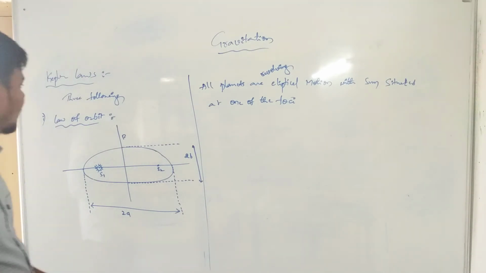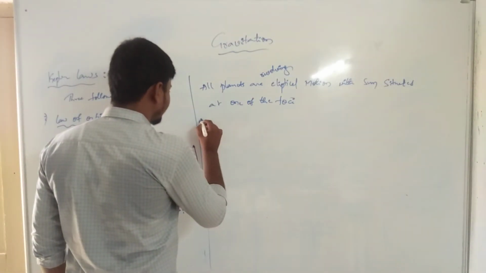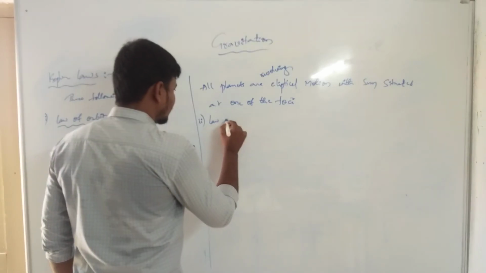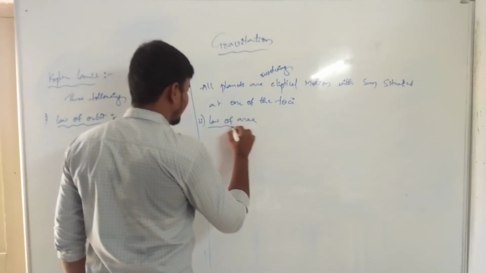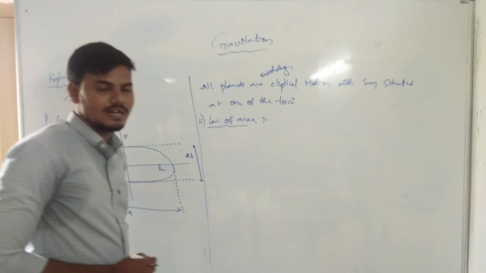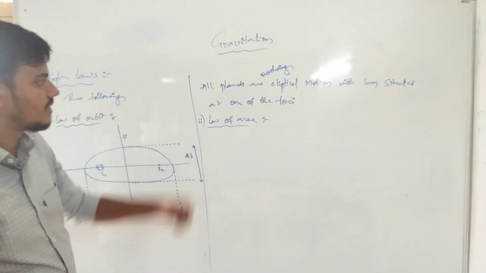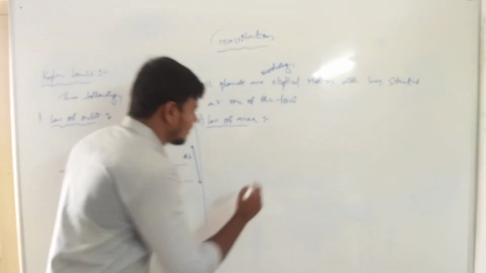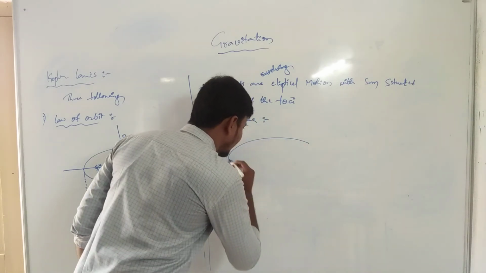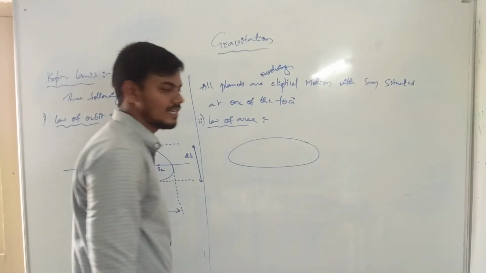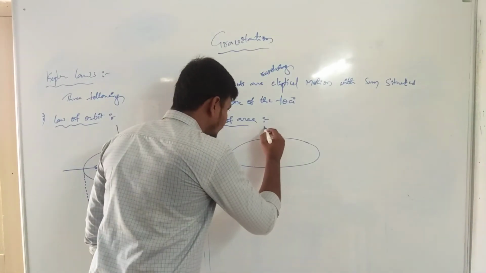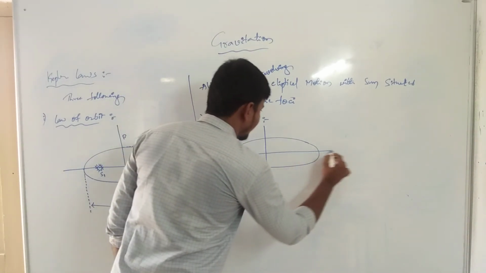Now next one, law of area. Now what is the law of area? Before we go to the statement, the area is applicable in the same elliptical motion. We are introducing four phases.